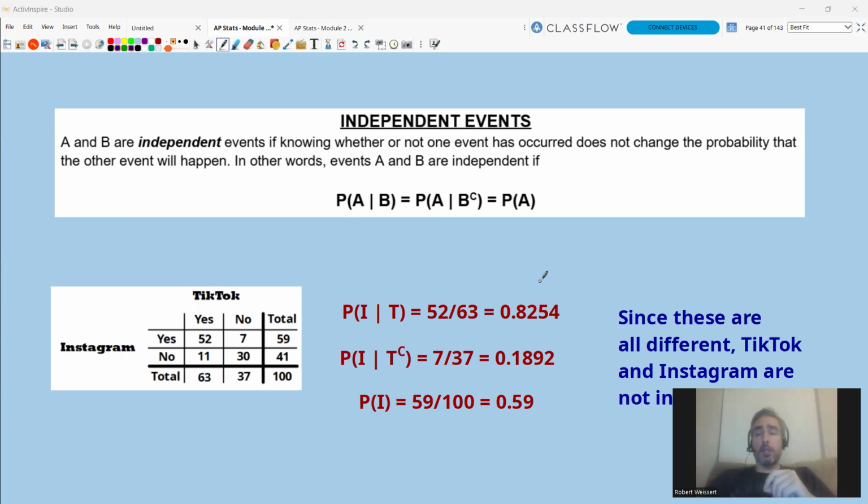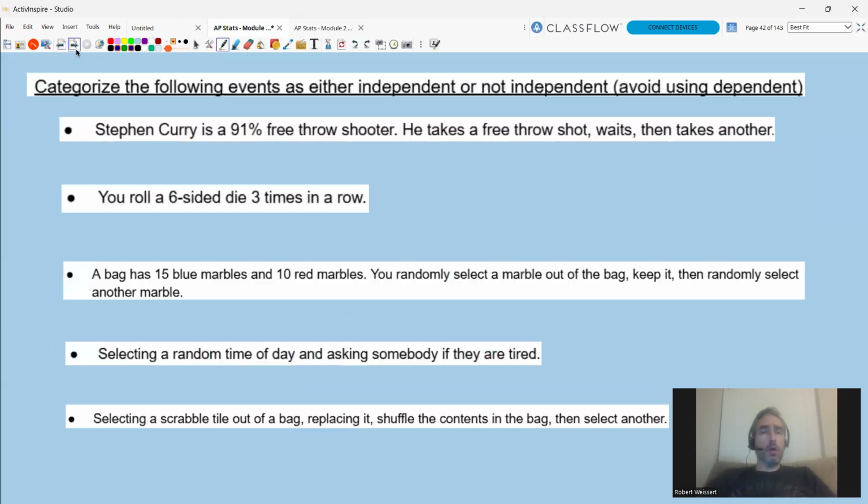So the general rule for independent events is, for our purposes, we'll just use exactly the same. But if they're not the same value, then they're not going to be independent of each other, which means that there is a relationship between Instagram and TikTok users. Independent means there is no relationship. One doesn't affect the other. So let's think about a few examples.